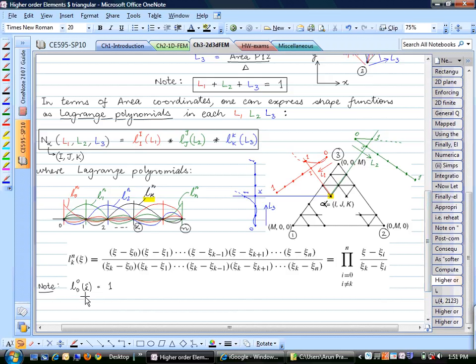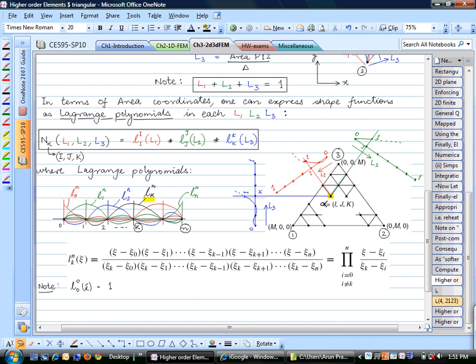One thing to note here is this thing. We are saying that for each of these corner nodes, at least L1, L2, or L3 is going to be 0. So the Lagrange shape function for one of the corner nodes is just defined to be 1. Okay?